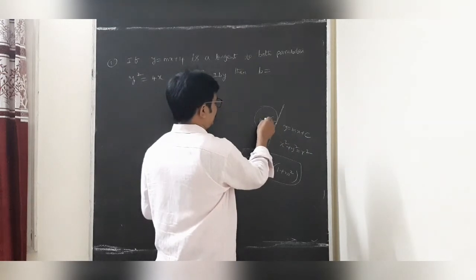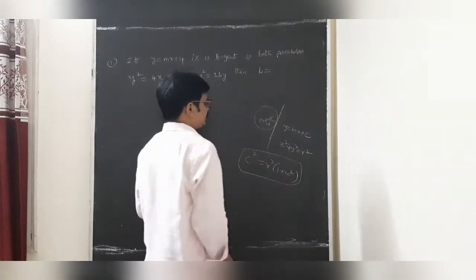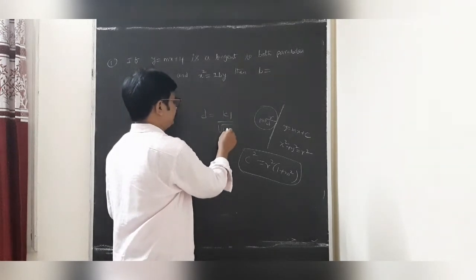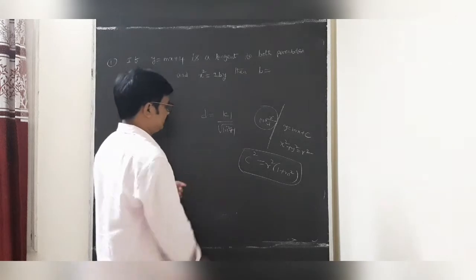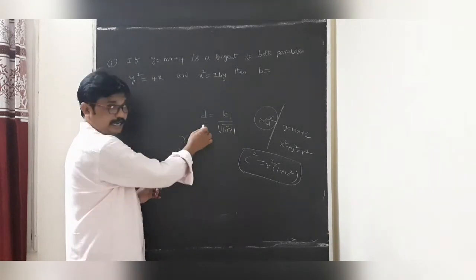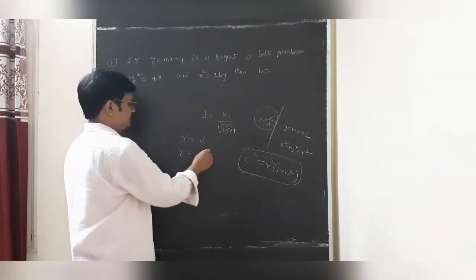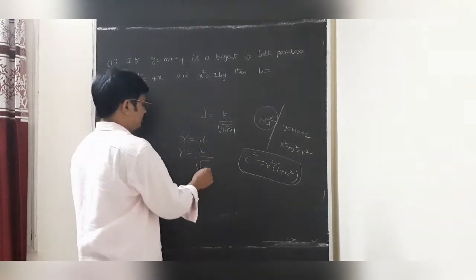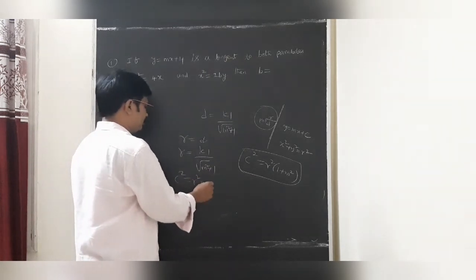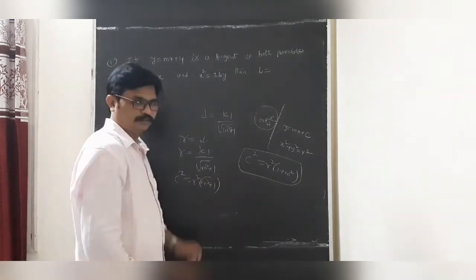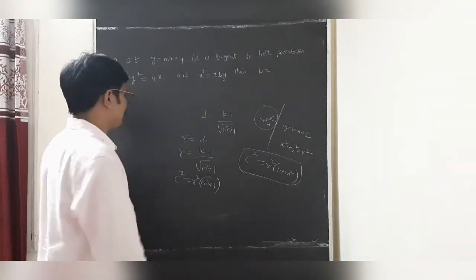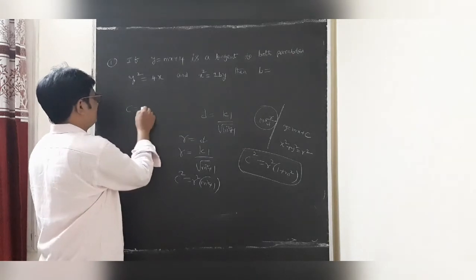Here r is the radius, d is the perpendicular distance from the center to the line, that is mod c by root of m square plus 1. When we take r equal to d for the tangent, c square equal to r square into m square plus 1.